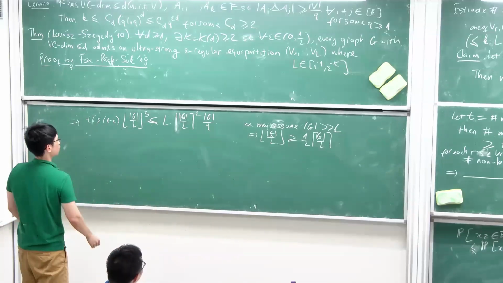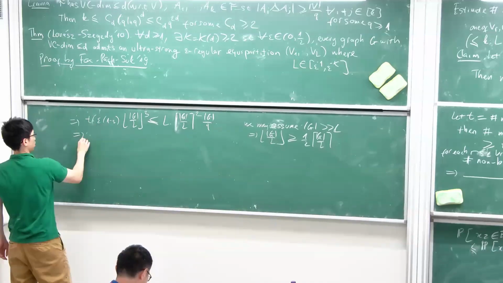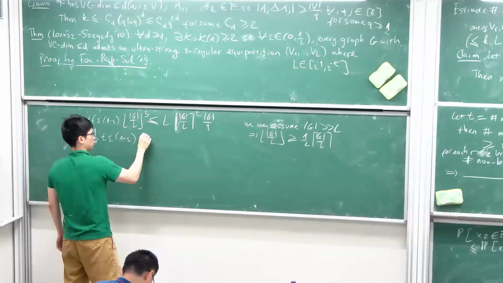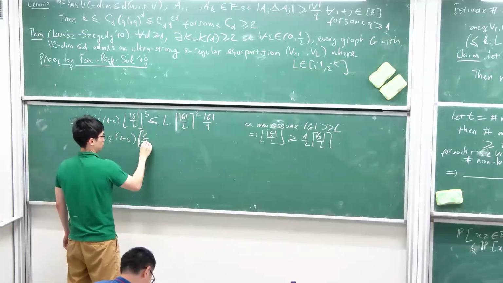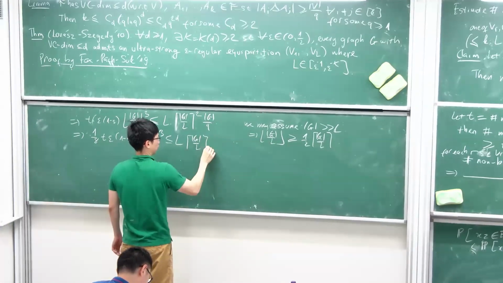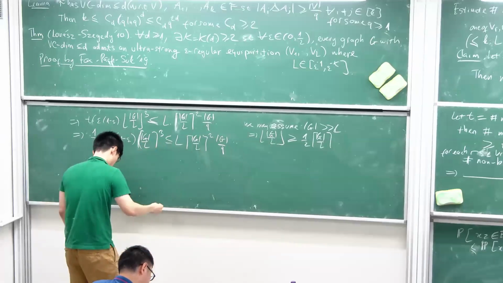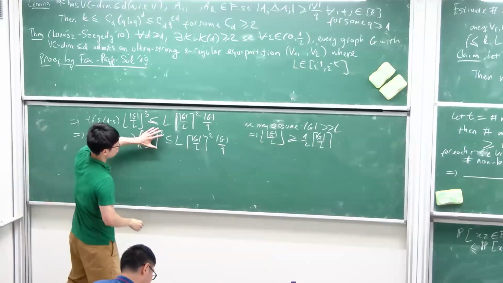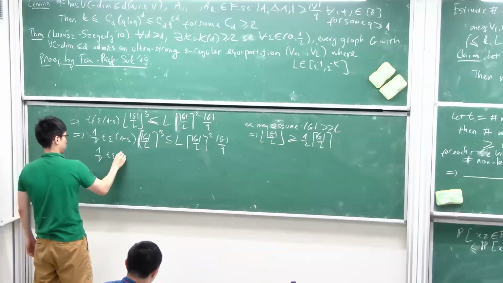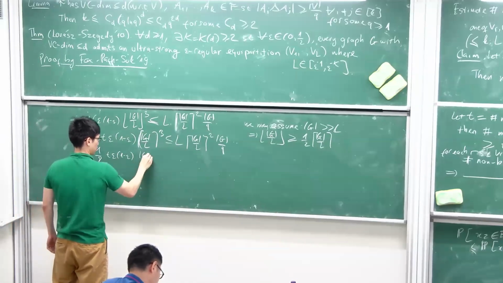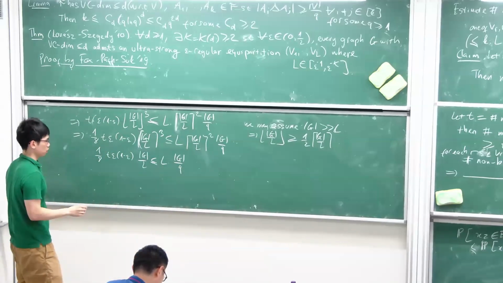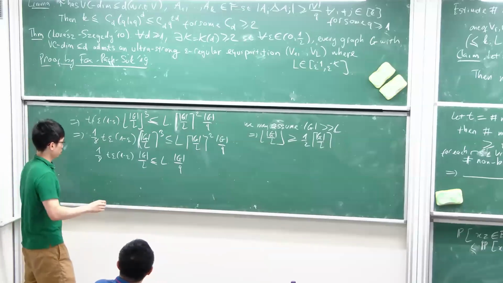Okay, so now we have that, right, on G. Now we can cancel these two. So what we have is 1/8 epsilon times 1 minus epsilon times G divided by L is at most L times Q. Okay, it's good.